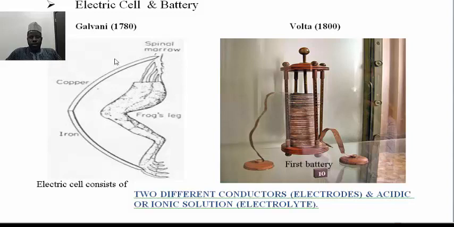Good day, viewers. In this section, we are going to look at the electric cell. The origin of current electricity begins with the work of Professor Galvani, a professor of anatomy, who reported that during his experiments with the legs of frogs, he noted that when he touched the leg of a frog with two different materials, copper and iron, the leg of the frog twitched.